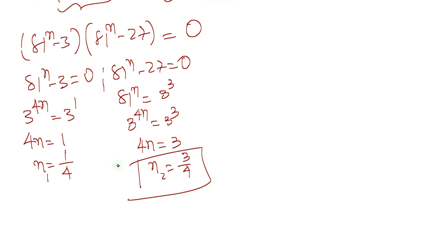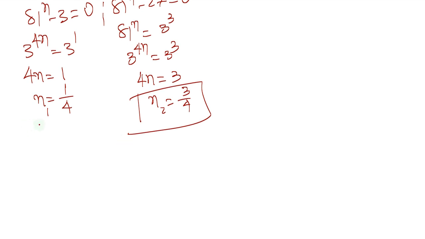But now remember, let's recall our substitution. We say that (4x + 3)/(7x + 10) is equal to n. So let's say here n1, which is 1/4.